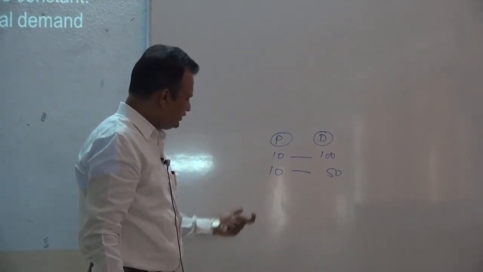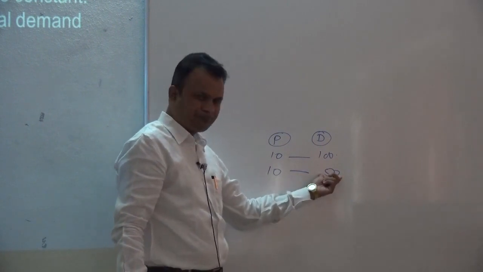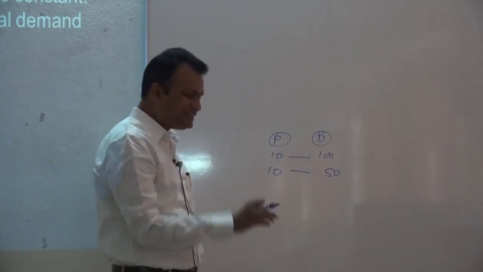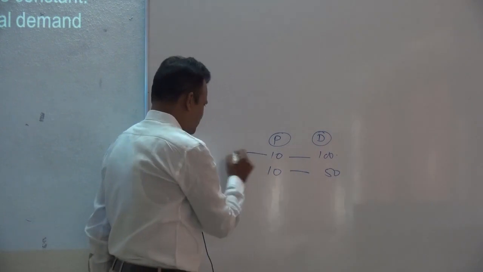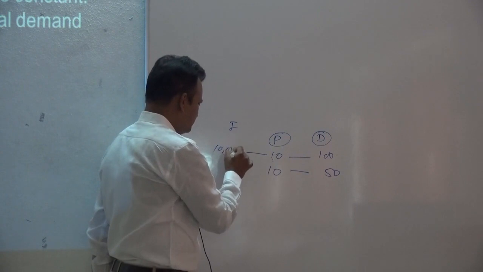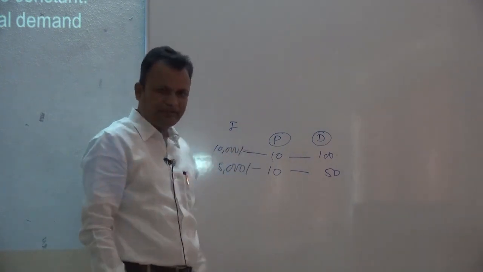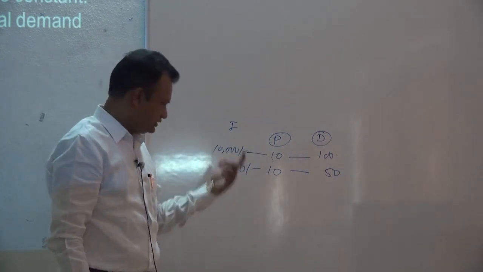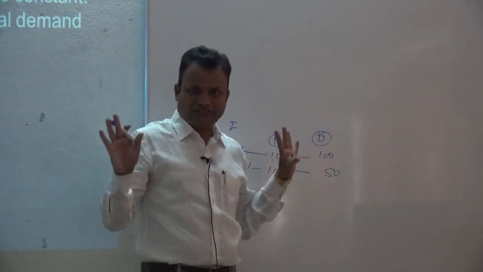It means why right now the customer is buying just 50 units, even if there is no change in the price, because at the same time the rest of the factors get changed here. Suppose income, at this level income is 10,000, and right now his income is 5,000. Okay, due to reduction in income level, his purchasing capacity declined. At the same price level, right now he is buying just 50 units.